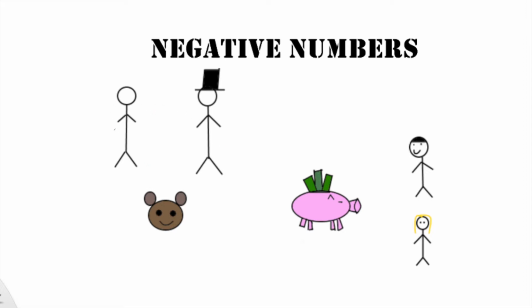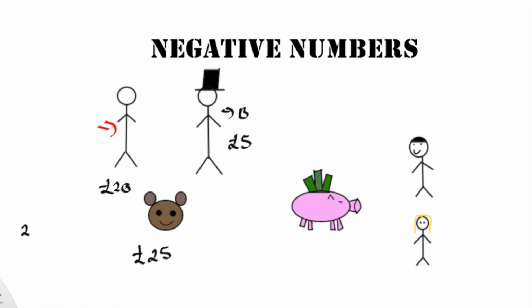Let's suppose this one here is you, and you have around 20 pounds, but you want to buy this teddy bear that costs 25 pounds. Okay, and you decide to ask your brother here to give you an extra 5 pounds.